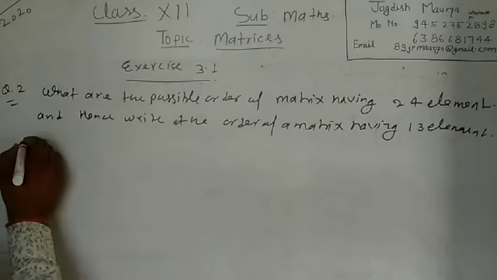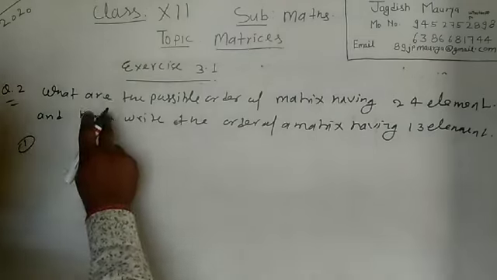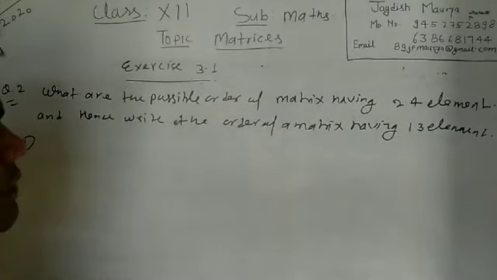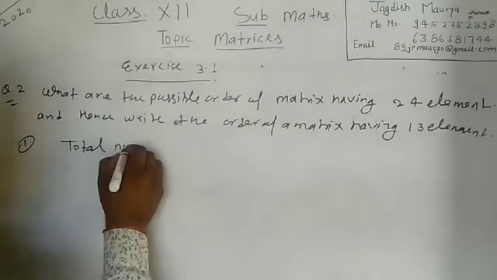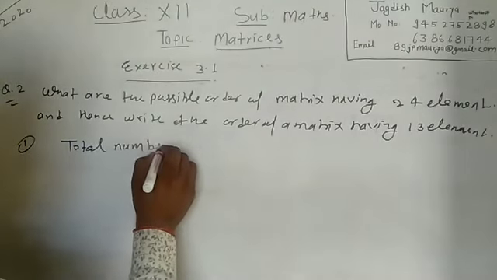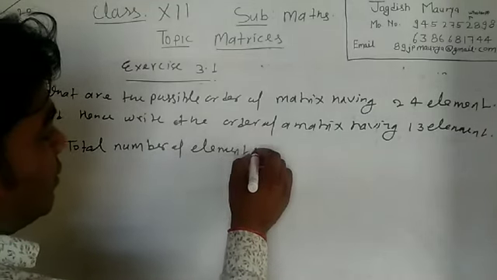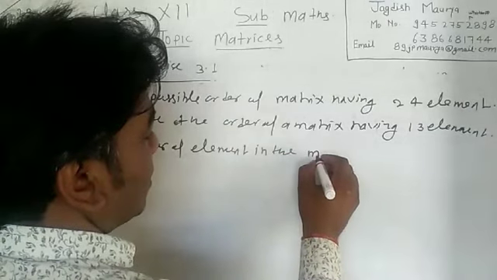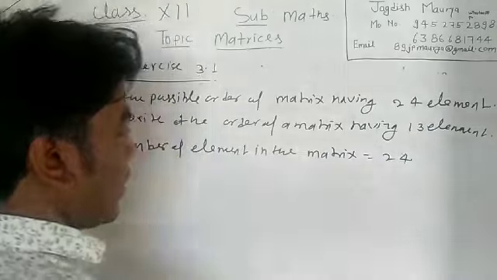So first we have to write the possible orders of a matrix having 24 elements. The total number of elements in the matrix is equal to 24.